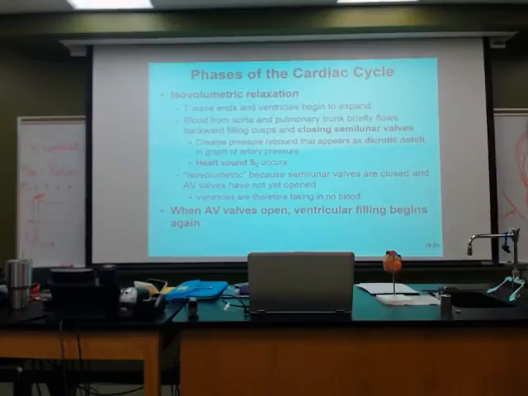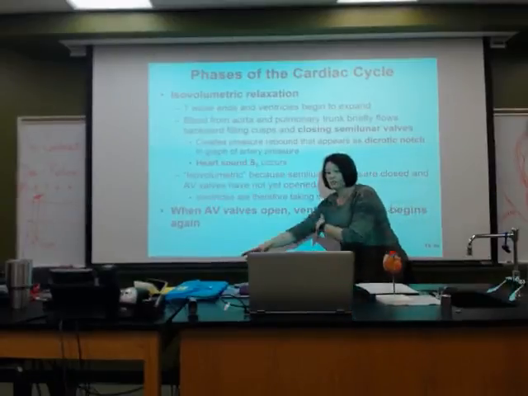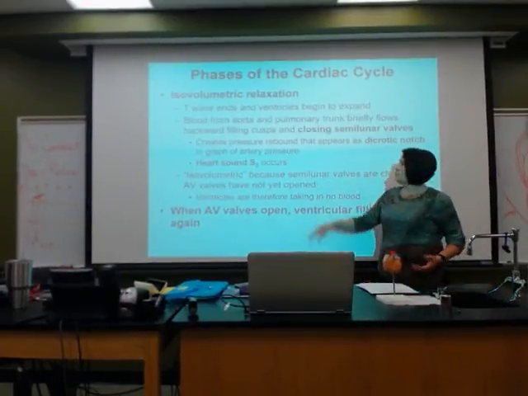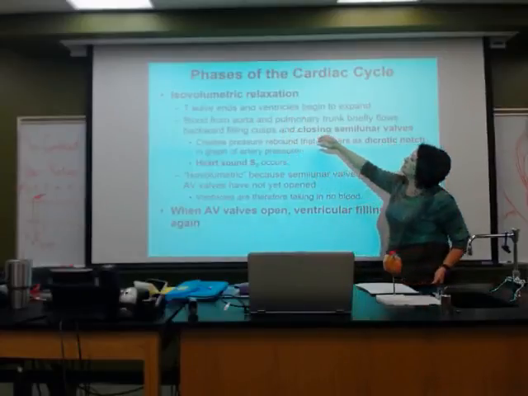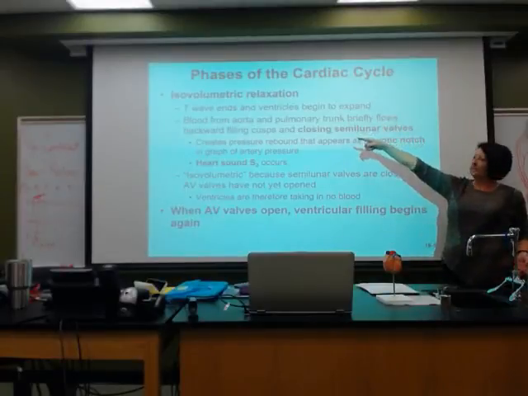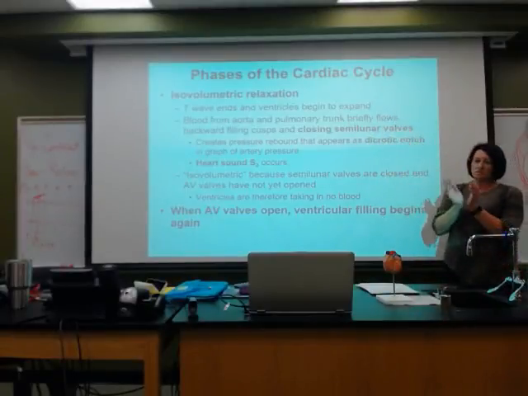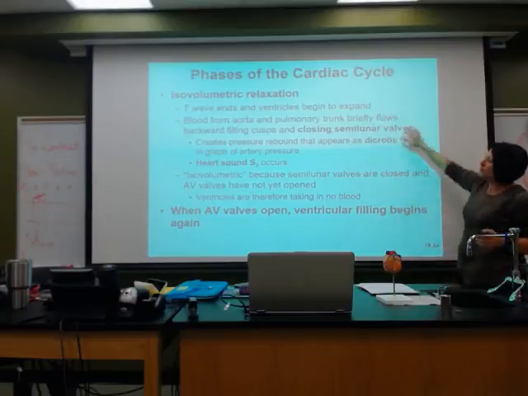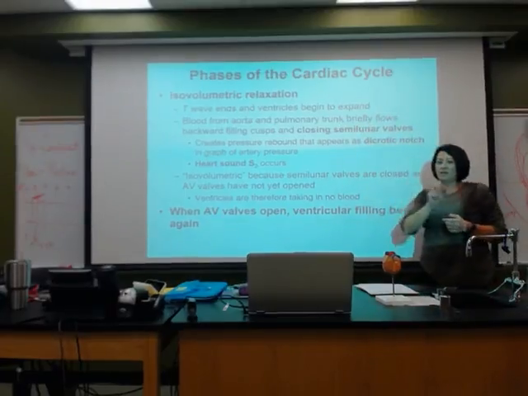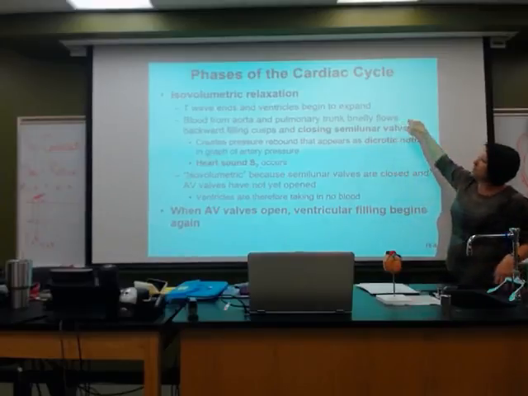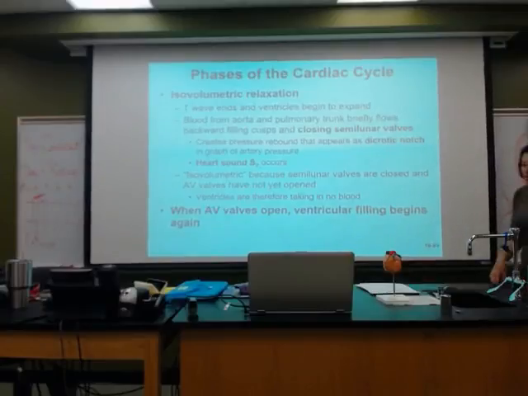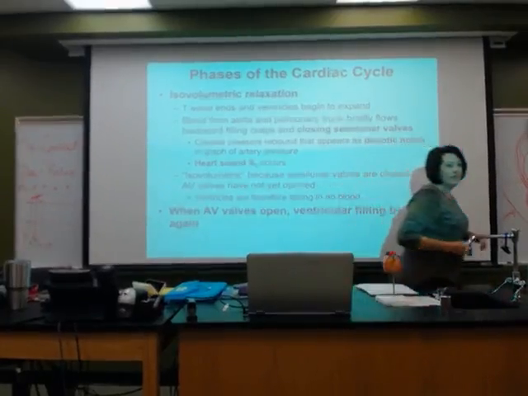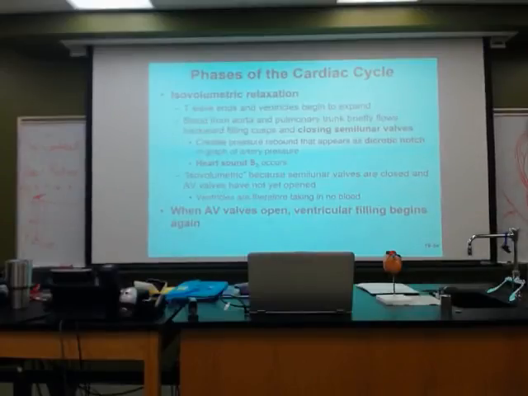So then, when we have relaxation, all right, isovolumetric, referring to the amount, T wave is ending, ventricles begin to relax, blood from the aorta and the pulmonary trunk, they briefly flow backwards, but we do not want that backward flow to be to the point that blood does this number.